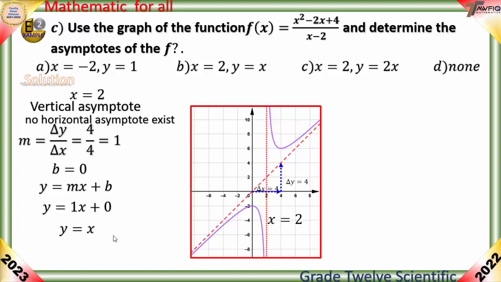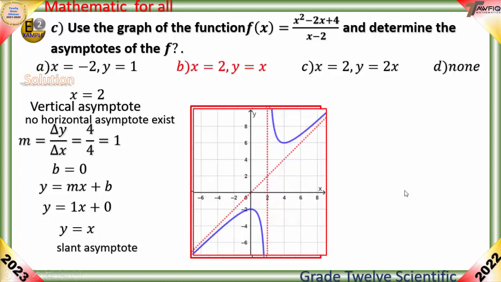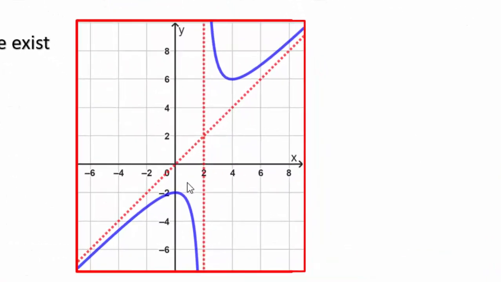The second way, we can do it another way. We can take any 2 points on the slant asymptote.